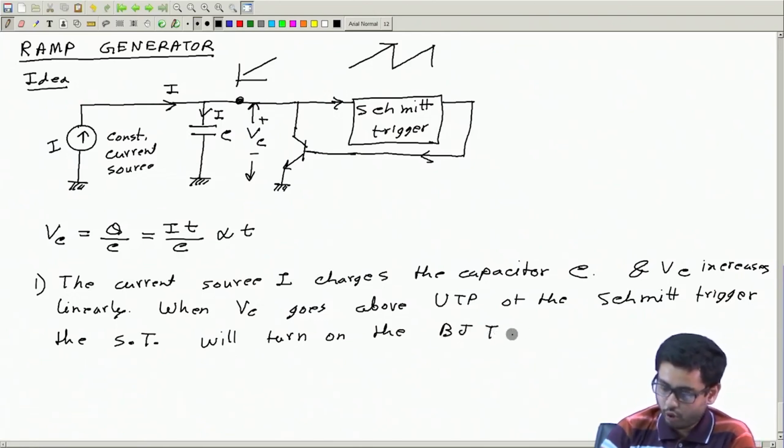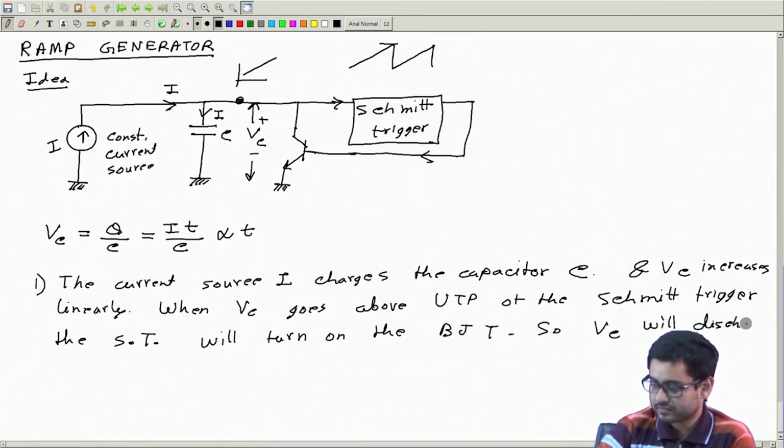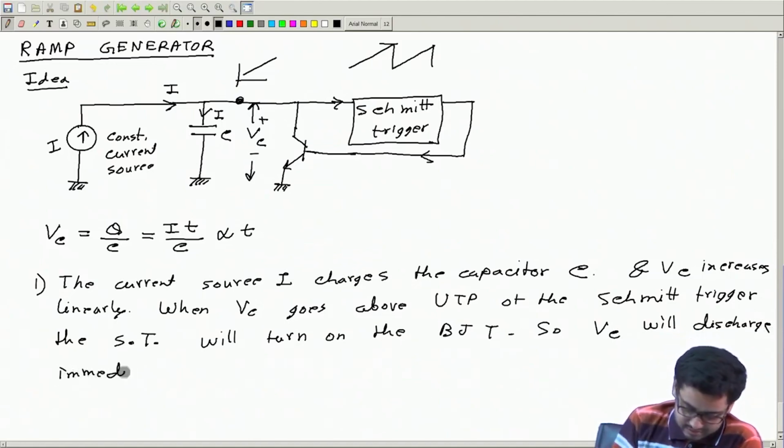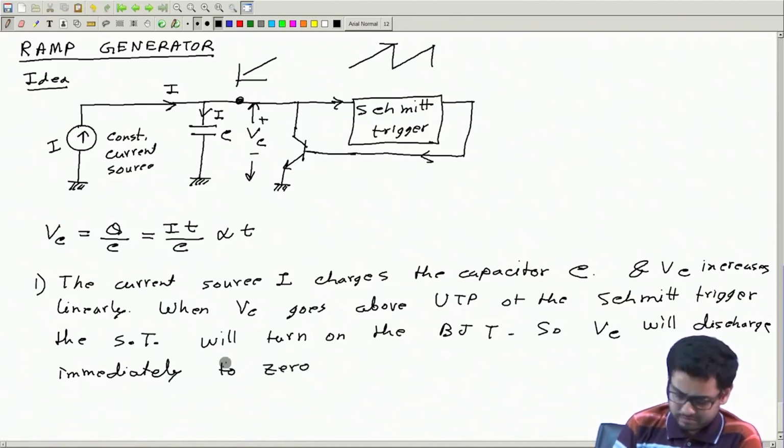So V_C will discharge immediately to 0, or whatever, maybe in this case 0.